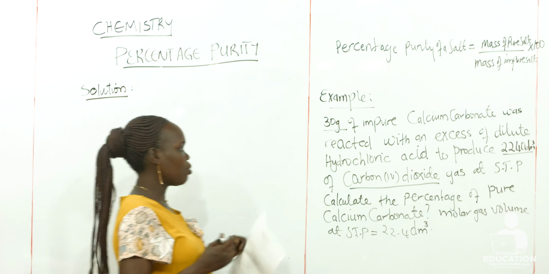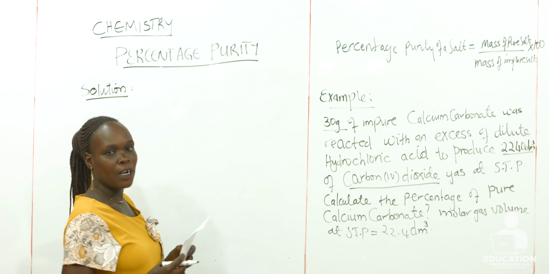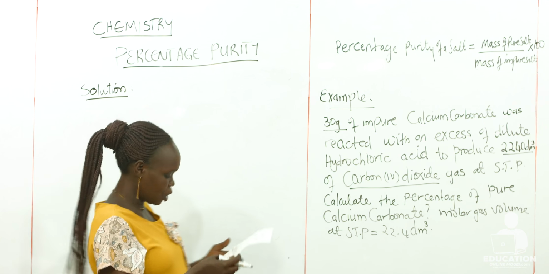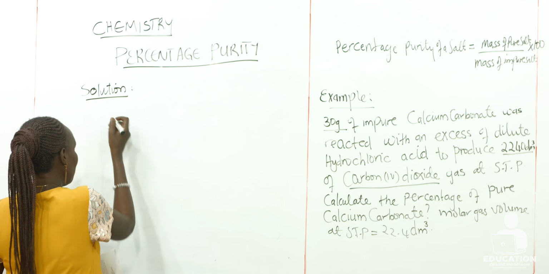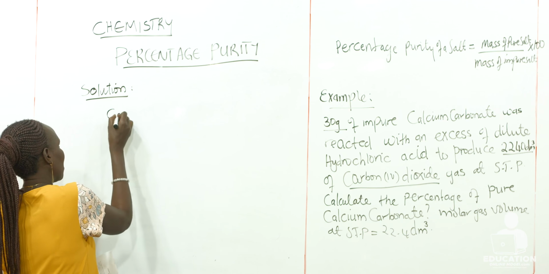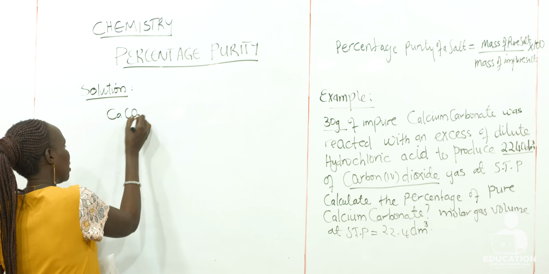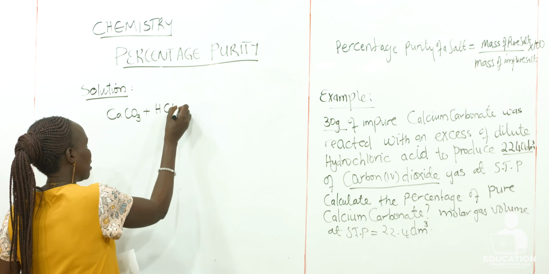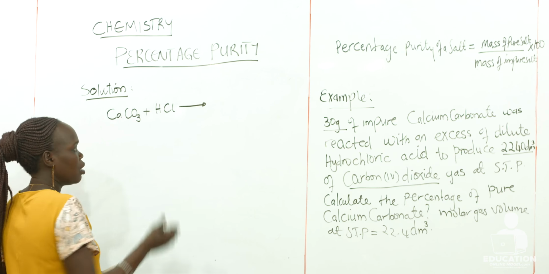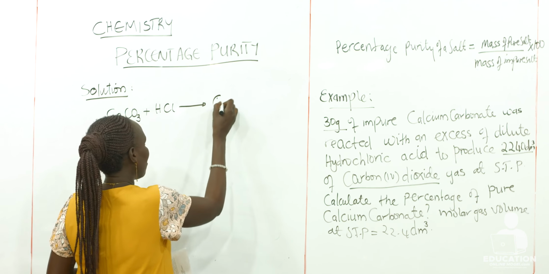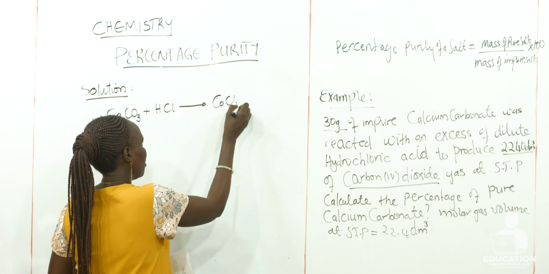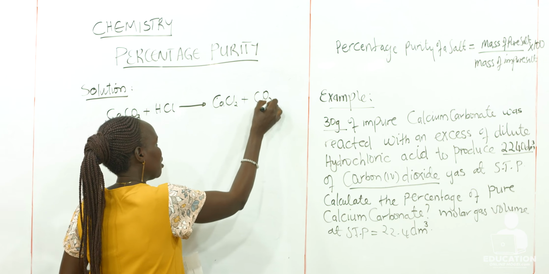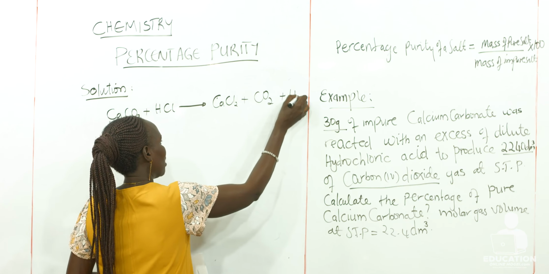So we have to first of all calculate the number of moles of calcium carbonate, and we proceed from the equation. So the chemical equation here will be calcium carbonate plus hydrochloric acid will be giving us calcium chloride plus carbon dioxide plus water.